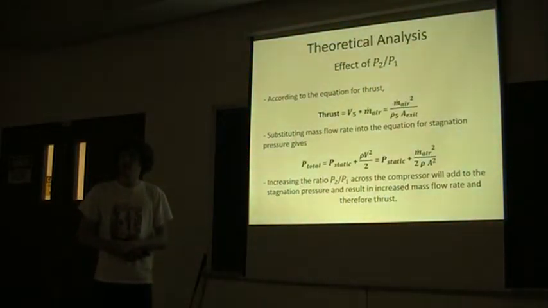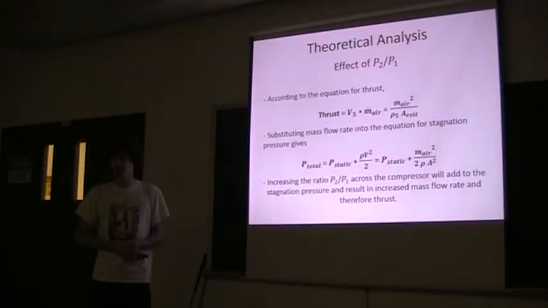So substituting mass flow rate back in, you get that the total stagnation pressure equals the static pressure plus the velocity component, which is the mass flow rate squared divided by 2 times the density times the area squared.